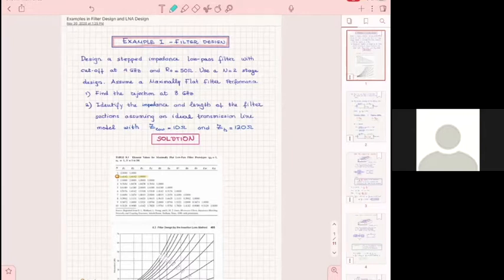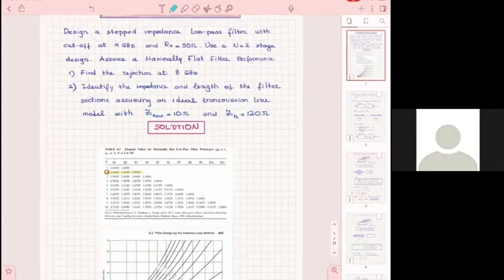Okay. So I specify the low and I specify the high. And the other thing, which is interesting, I also tell you to do it with an ideal transmission line, to minimize your calculations.